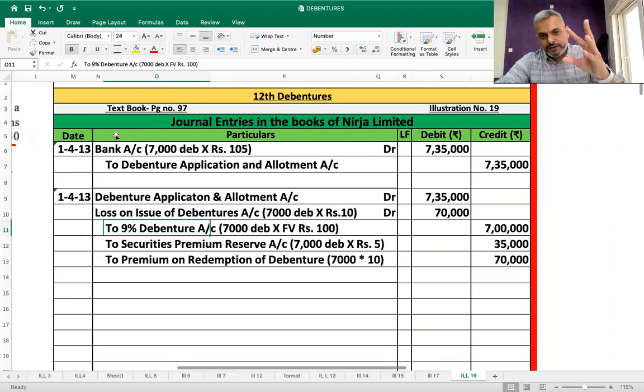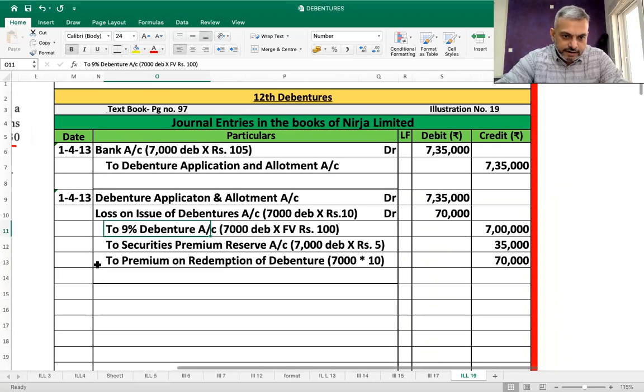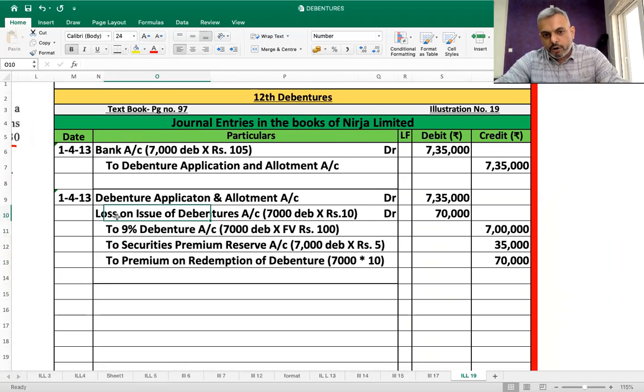So this 5 rupees per debenture will be transferred to securities premium reserve account. And then this loss, what we have committed, because we have committed this loss, we have to pay this money in future. So we are creating a liability towards our debenture holders. So premium on redemption of debenture is a liability account. Securities premium is an income account.